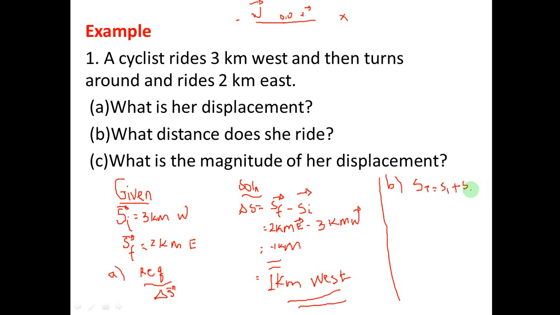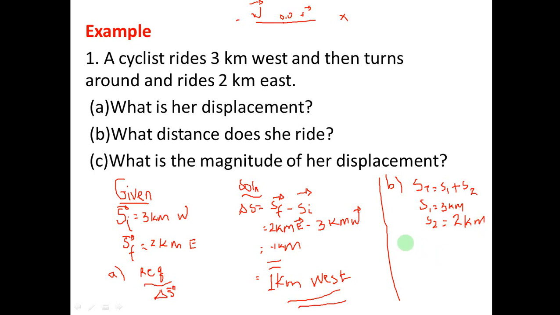The difference between distance and displacement is direction. S1, the first distance covered by the cyclist, is 3 kilometers. We don't need the direction because we are trying to find the distance. S2 is 2 kilometers. Here we don't care about the direction because distance is a scalar physical quantity.